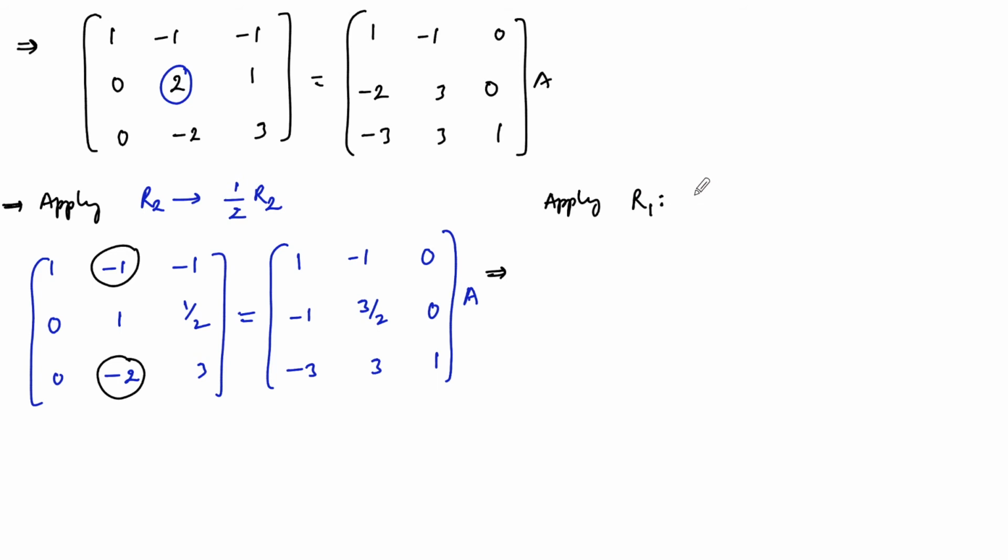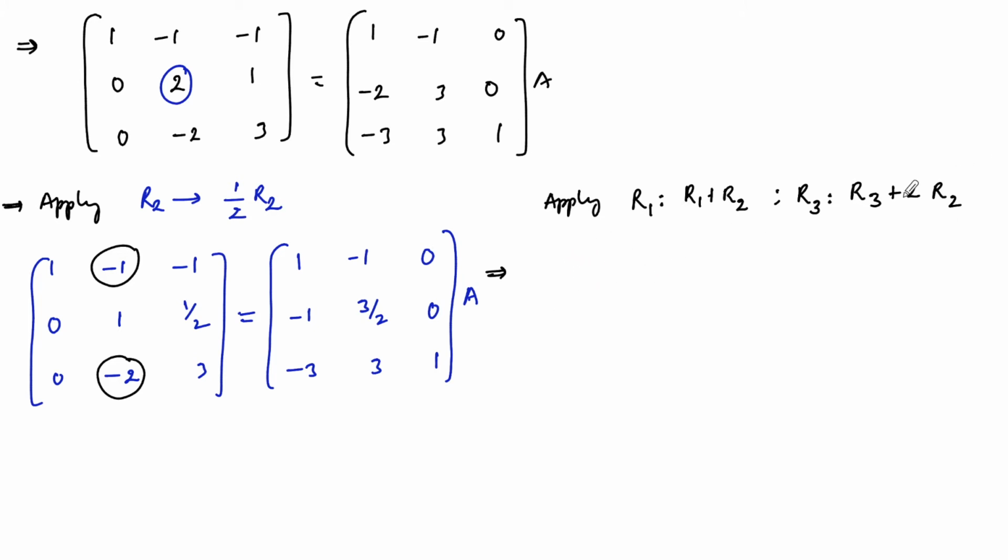Okay, so now let's apply R1 plus R2, minus 1 plus 1 will get 0, so R1 plus R2 I am applying. Next R3, we can take R3 plus 2 times R2, so here minus 2, and if you add 2 times 1, we'll get 0, so R3 plus 2 times R2 I am applying.